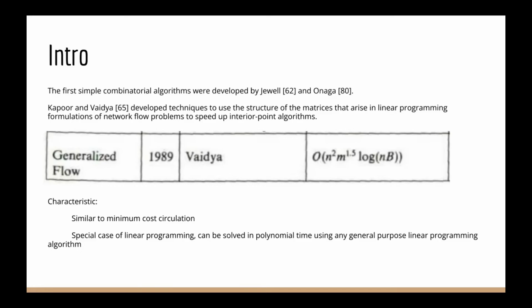The characteristic is that it is very similar to minimum cost circulation, and it is also a special case of linear programming, so it can be solved in polynomial time using any general purpose linear programming algorithm.